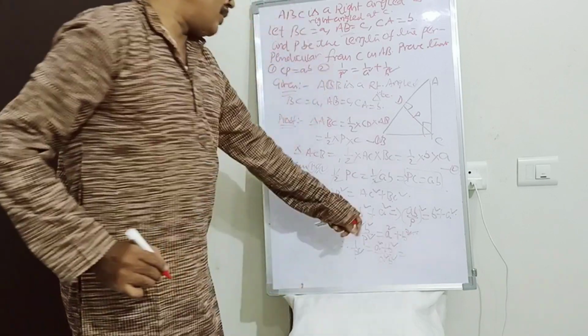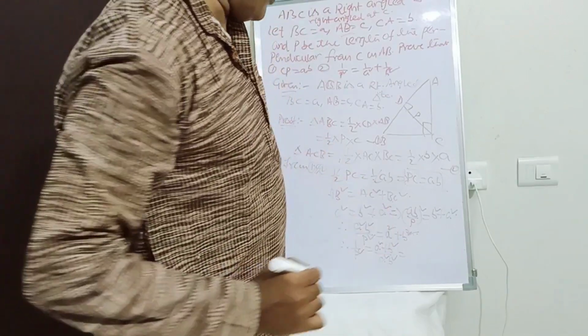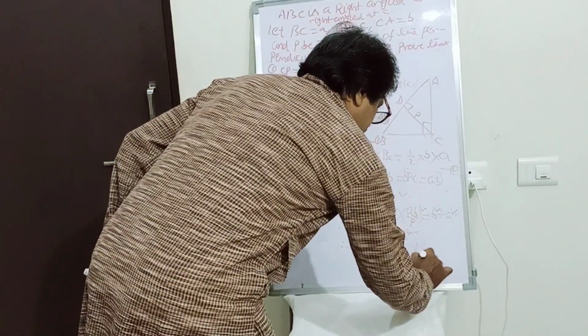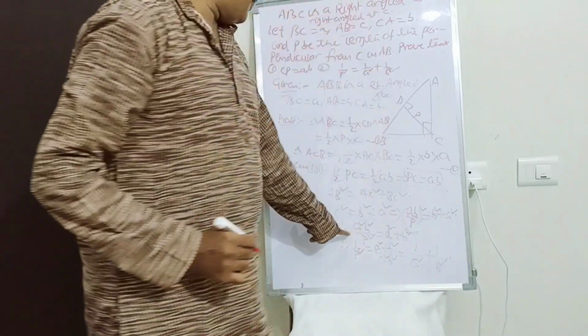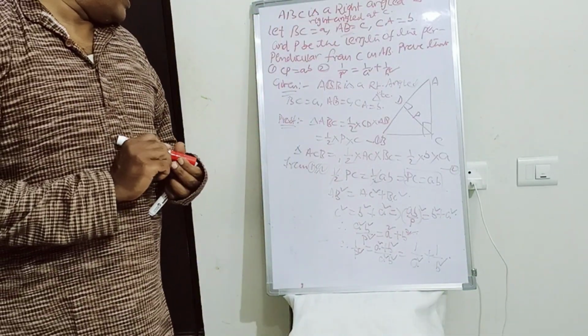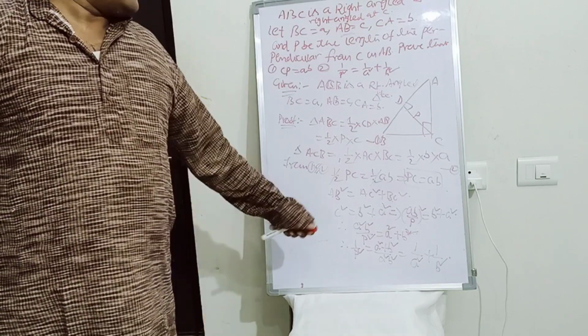When we split this into two parts, a square by a square b square plus b square by a square b square. Therefore, 1 by a square plus 1 by b square. Hence, we get the required result: 1 by p square is equal to 1 by a square plus 1 by b square.